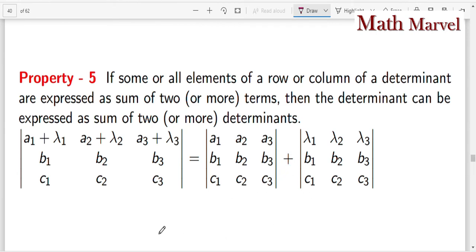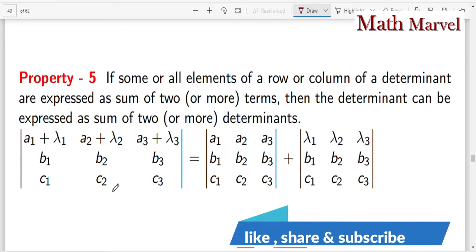Okay. So here observe that first row contains the sum of two terms and second and third rows contain elements b1, b2, b3, c1, c2, c3. So in this case, how can we represent this determinant? Here whatever terms are connected by addition operation, we can separate and write this one determinant as a summation of two determinants.